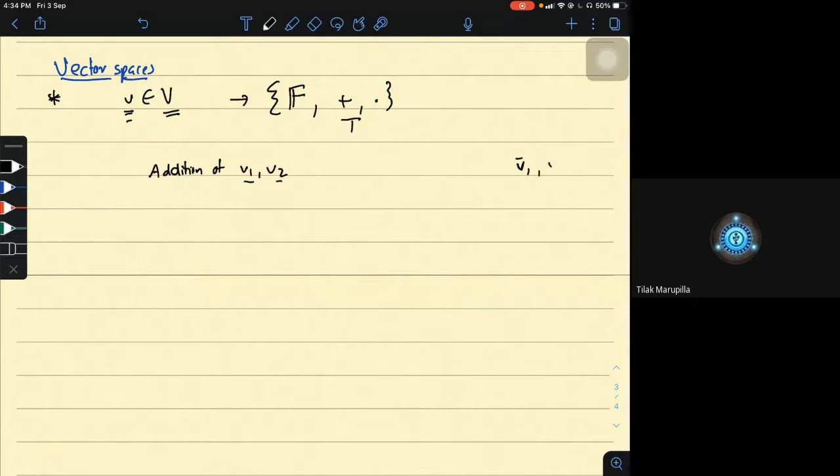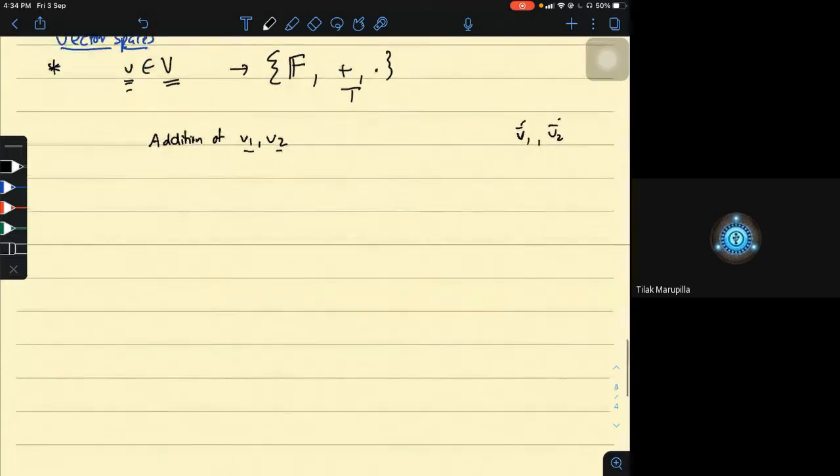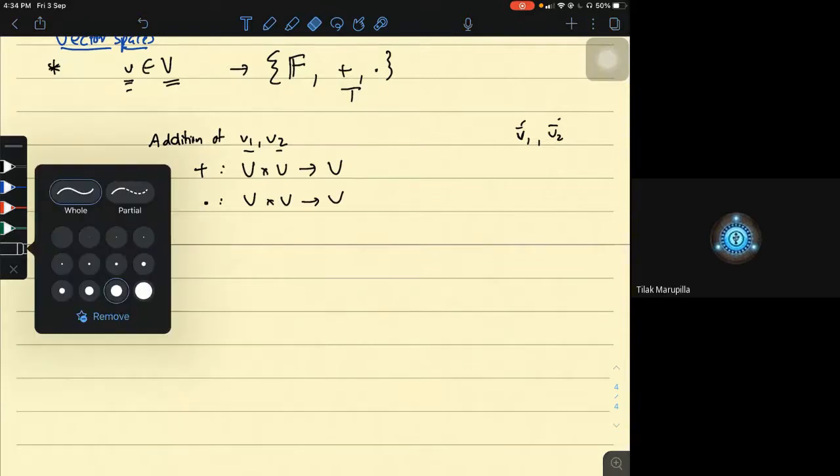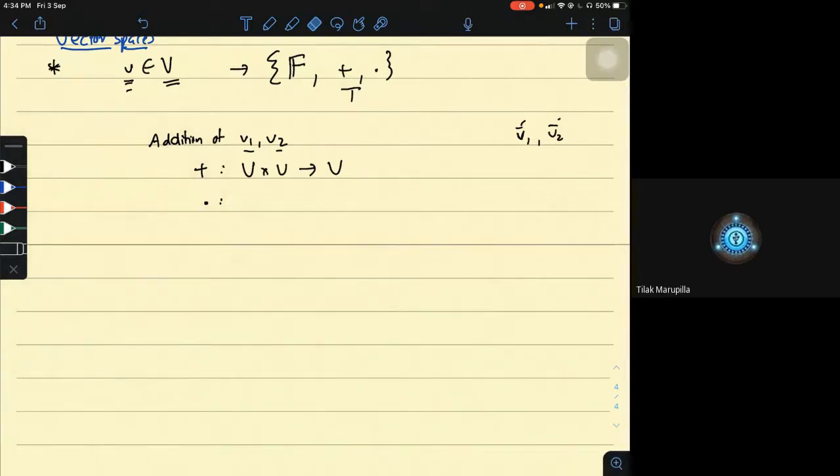So v1 and v2, these are vectors. So the addition operator goes from V cross V to V. Multiplication also goes from V cross V to V. So multiplication, apologies, I'm wrong. Multiplication goes from the field times V to V.